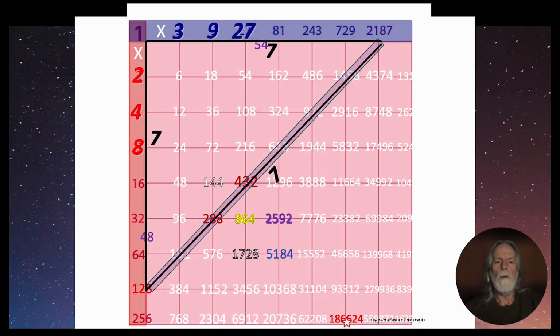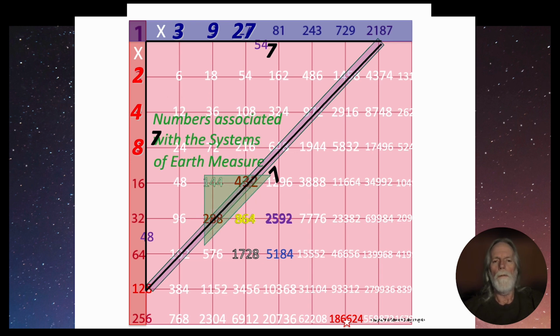Each interval, going up the diagonal scale, increases by a value of 1.5, a ratio of 2 to 3. This scale intersects the coordinate number 432, and the numbers 144, 288, and 432 are all associated with the systems of Earth measure.